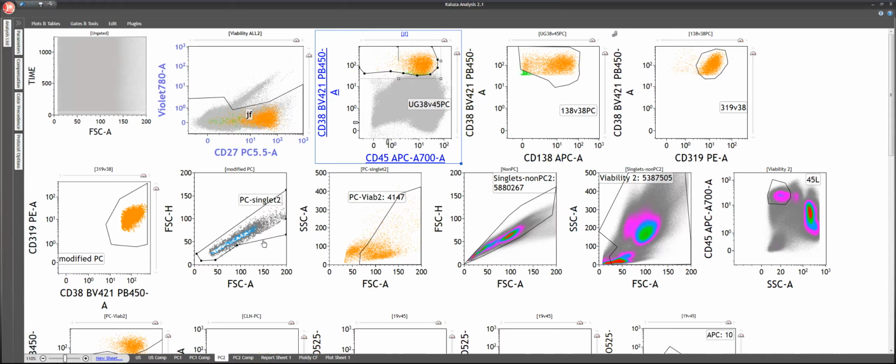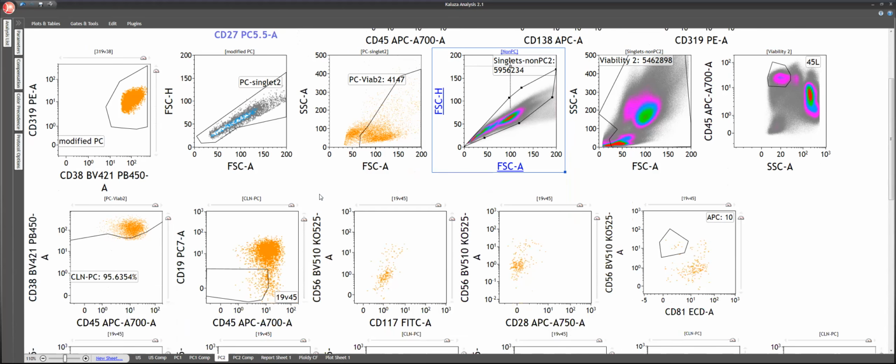Now these cells are further refined using the modified PC gate. Then we can exclude any doublets, but fortunately there are no doublets here. Then we exclude apoptotic or dying plasma cells using the viability gate.